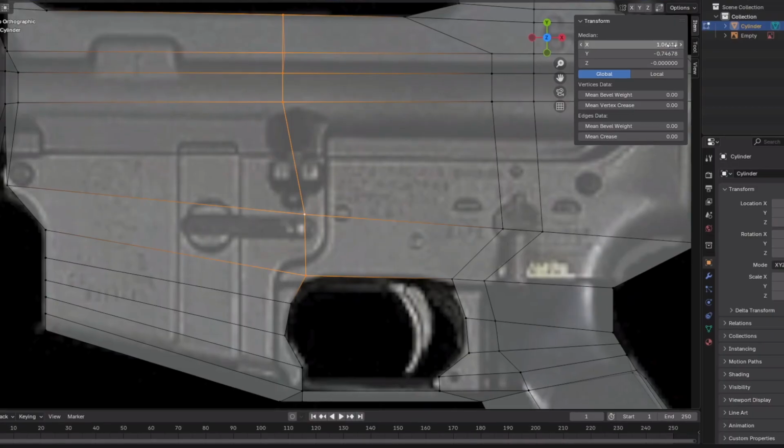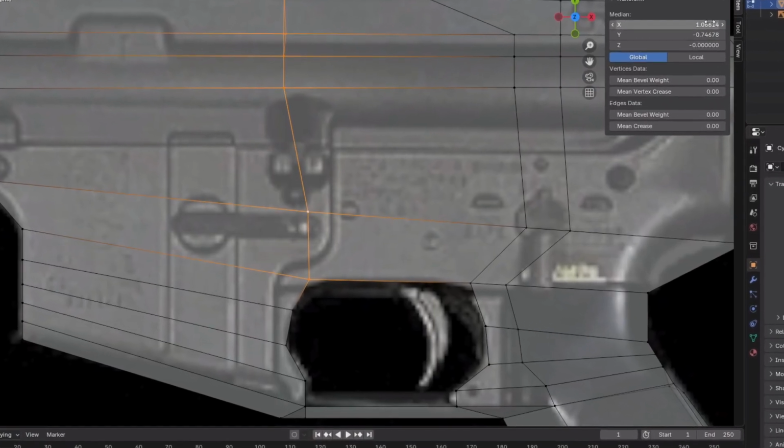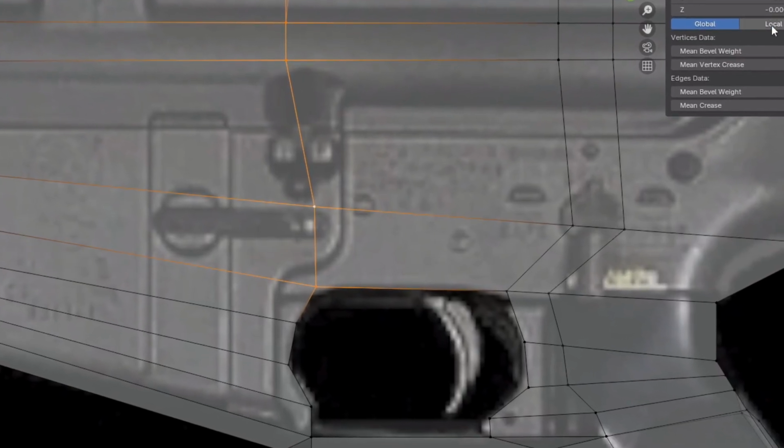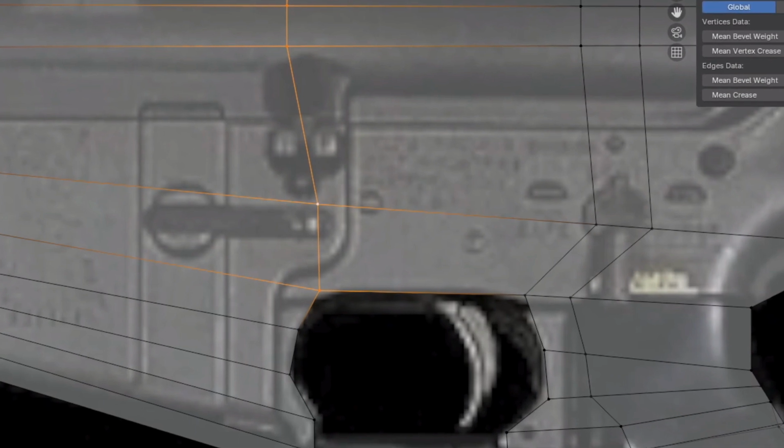Moment of truth here. Can I take all of this, all these little dots, and make them all 1.11? No, that's not what that does. Mean bevel weight, mean vertex crease, median point, right.